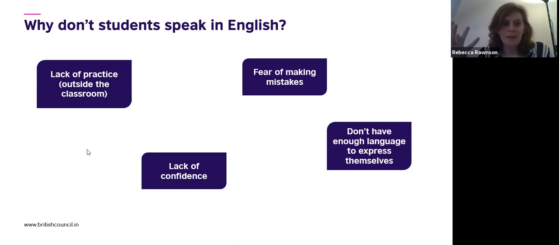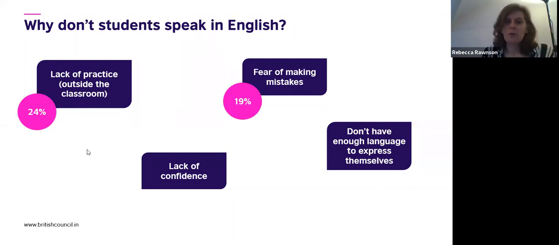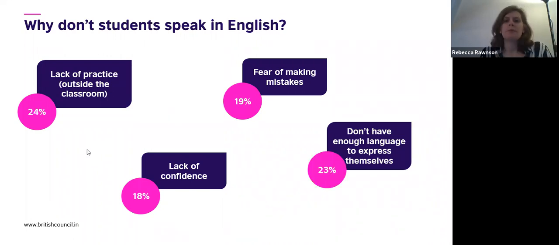So they might want to say something, but they don't have the language to get that thought across. So 24% of you mentioned the lack of opportunities, 19% of you mentioned a fear of making mistakes, 18% of you were talking about lack of confidence, and 23% of you mentioned this language issue.